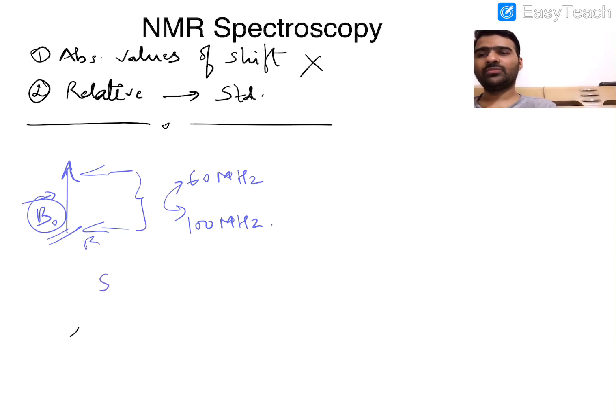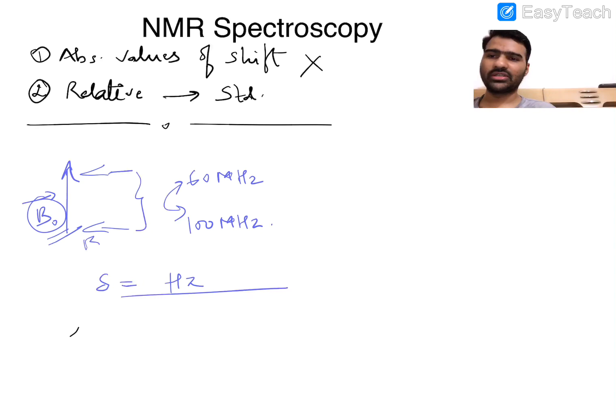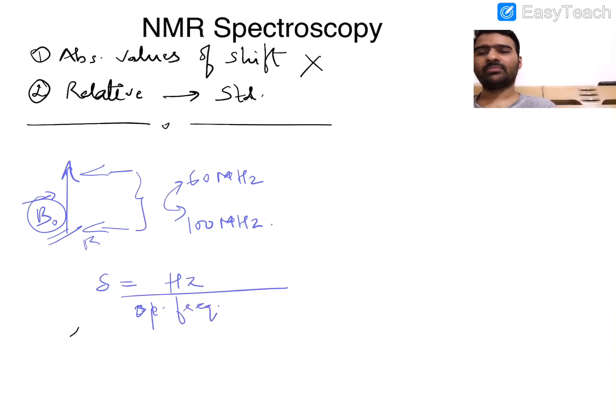So what was done was a value called chemical shift was defined, which is nothing but a ratio of the shift of a certain signal from that of the reference in hertz to that of the operating frequency of the NMR, and that operating frequency has to be in megahertz.